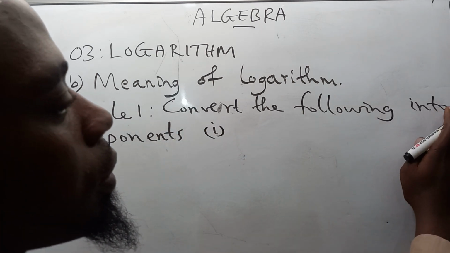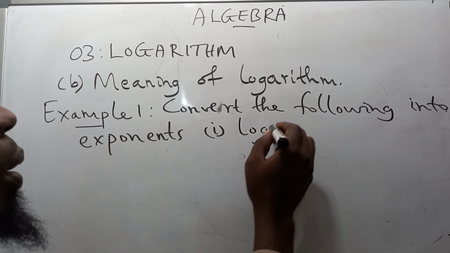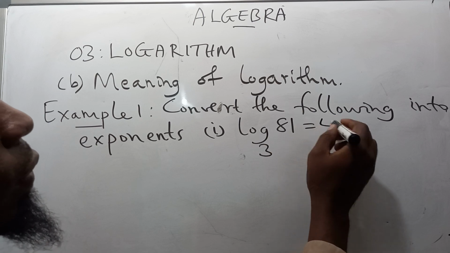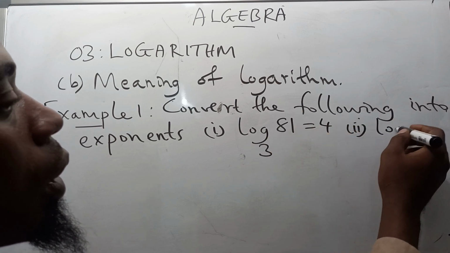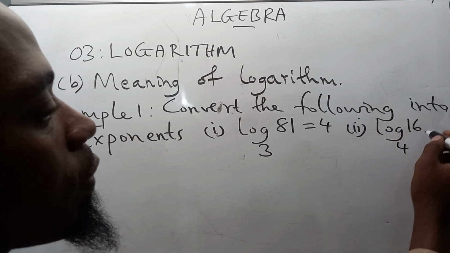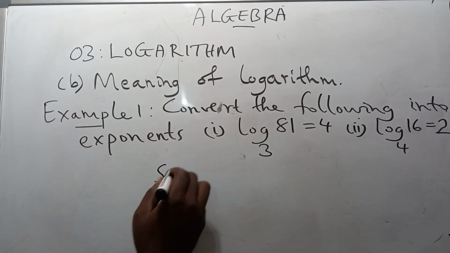Roman 1, log of 81 to base 3 is equal to 4. Roman 2, log of 16 to base 4 is equal to 2. Solution.